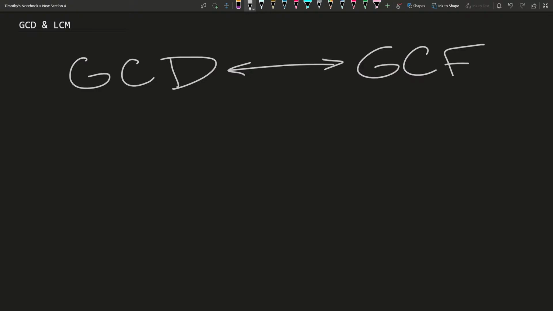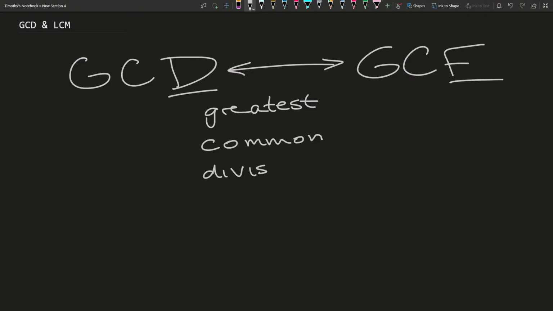And essentially what this means, or what it's defined as, is the greatest common, and depending on whether you use D or F, it's going to be divisor or it's going to be factor. And these basically mean the same thing. What it essentially just means is it's the largest number that can evenly divide two numbers.